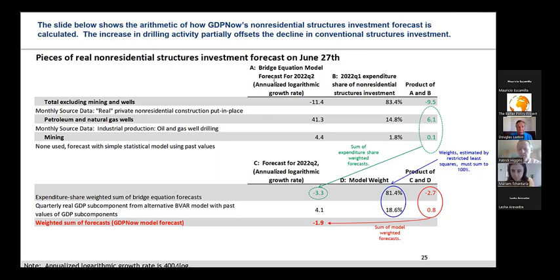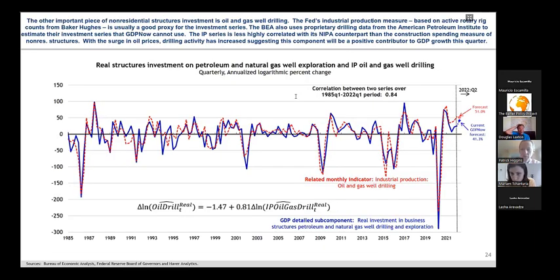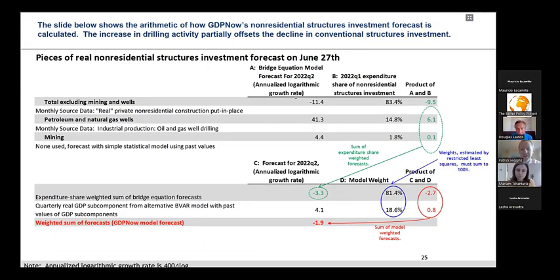So this is essentially after doing the same thing with oil well drilling and then the value of construction put in place. That's essentially like 98% of non-residential structures investment. There is this last 2%, which is mining investment, where there is not any source data of any value that's going to be released to the public. But since it's only 2% of the subcomponent, it really probably doesn't matter very much.